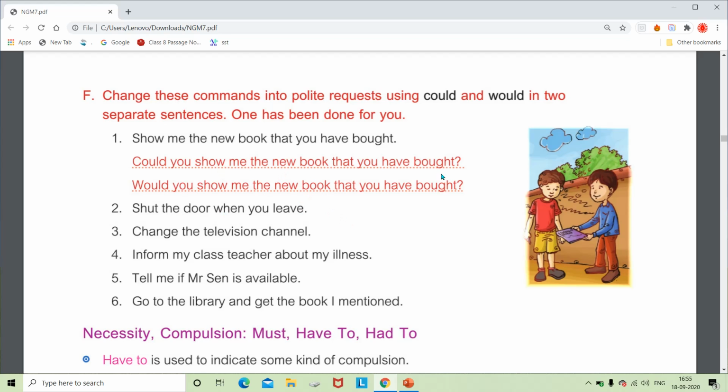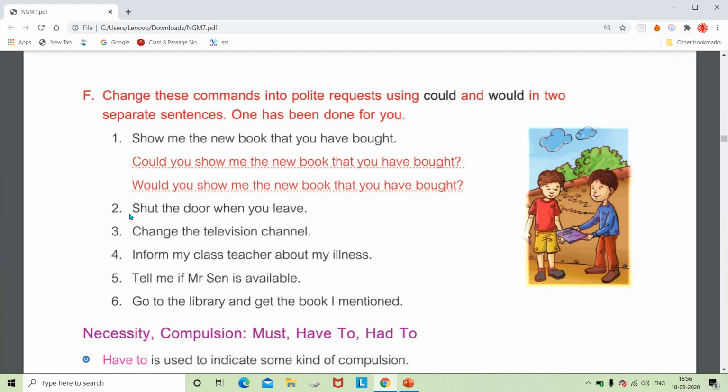And at the end definitely we will use a question mark, as we are just turning it into an interrogative sentence. So it is a request, but it is in the form of interrogation, because we don't know whether he will accept or not. That's why we are using the interrogative form.